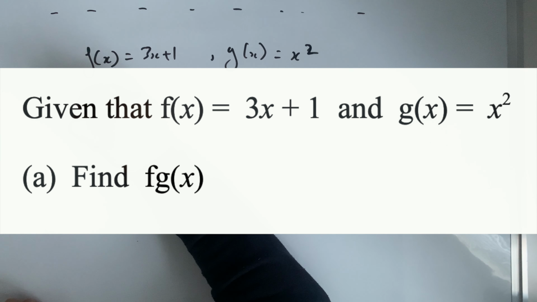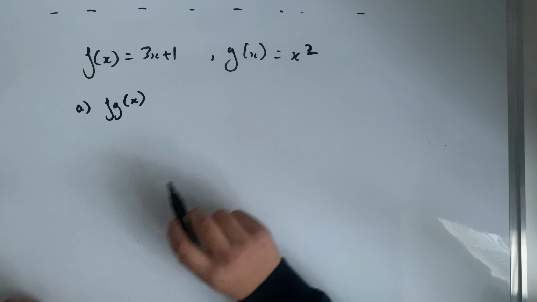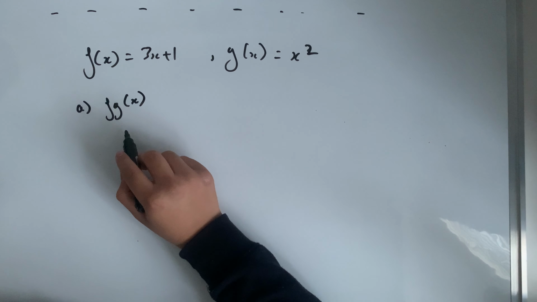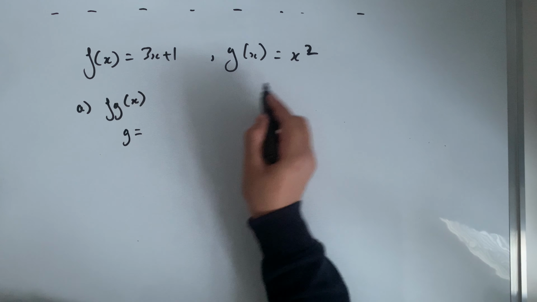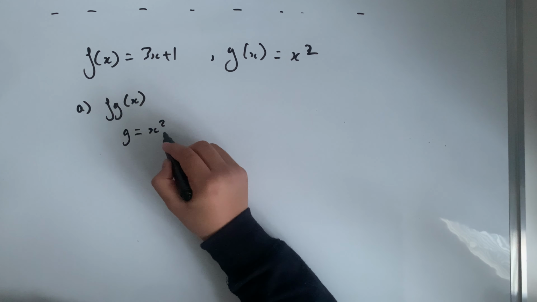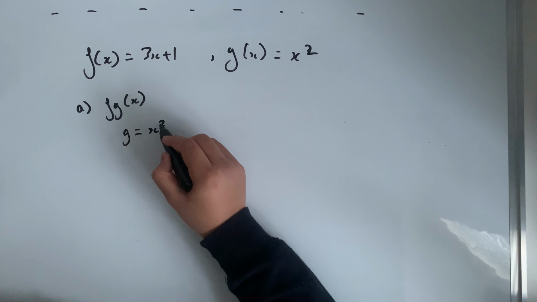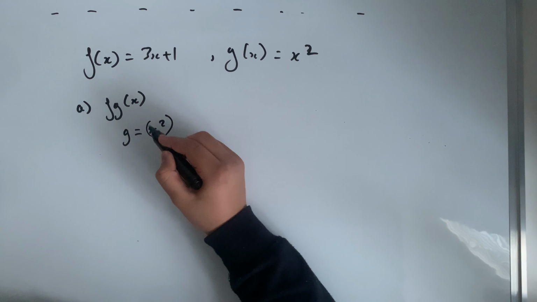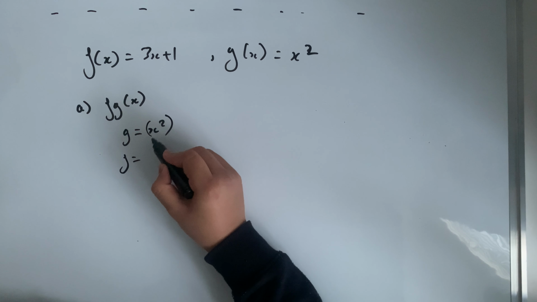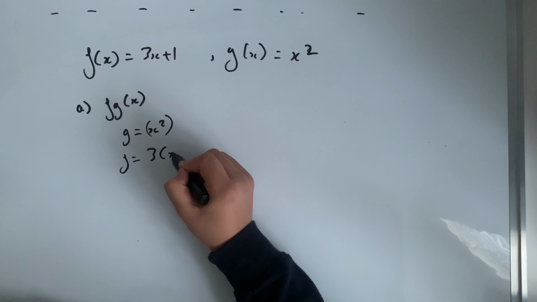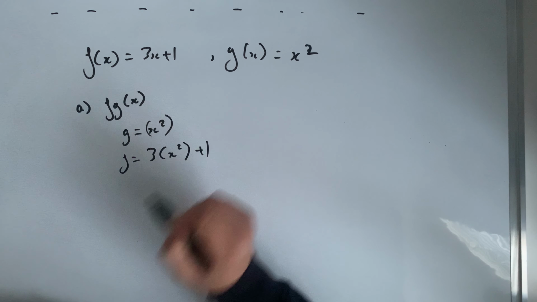So for this question, they want us to find it in the form fg of x. So for this, you simply just find what g is. So g equals x squared. And now this is your new number. So meaning like this instead of this. Then what you do is f equals 3x squared plus 1.